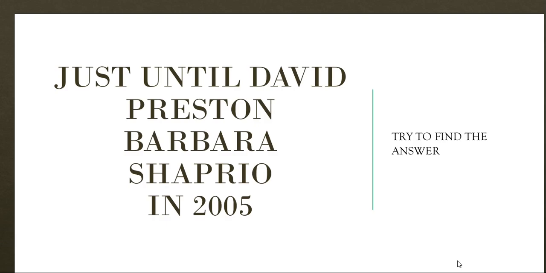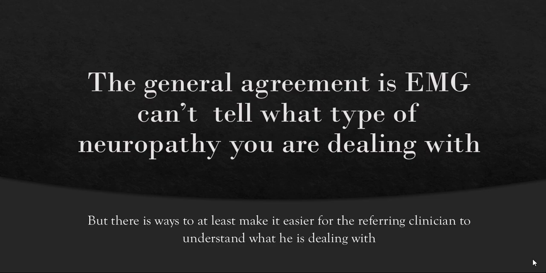And there are a lot of research articles that tried to narrow down the possibilities, until David Pearson and Shapiro in 2005, in their fantastic publication, tried to find some solutions.